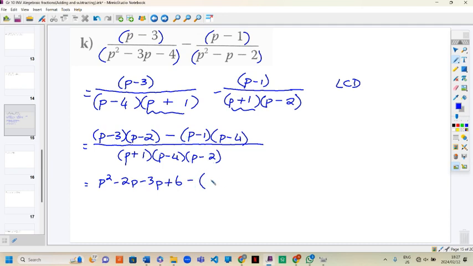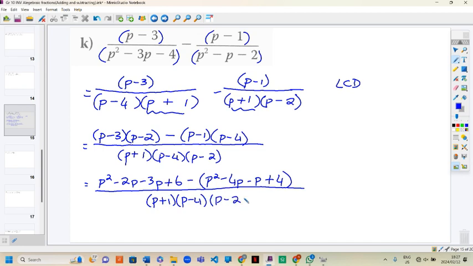Okay, p times p squared, fantastic. P times negative 4, negative 4p. Right, p times negative 1, negative p, negative 1 times negative 4, positive 4.